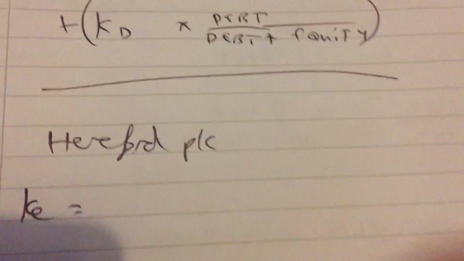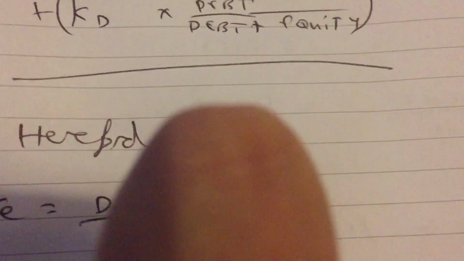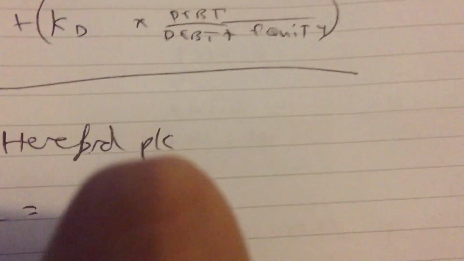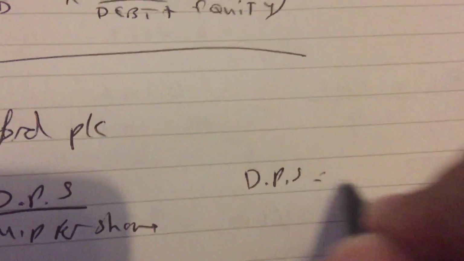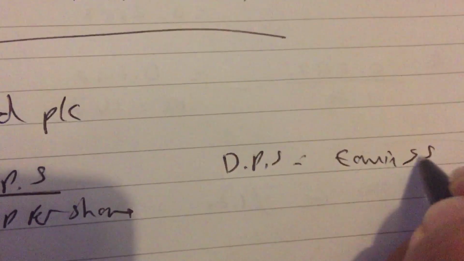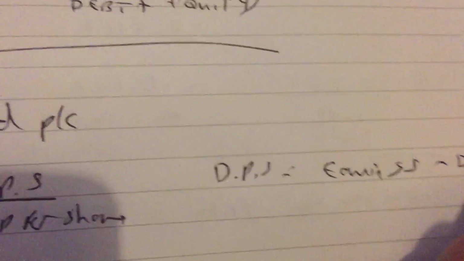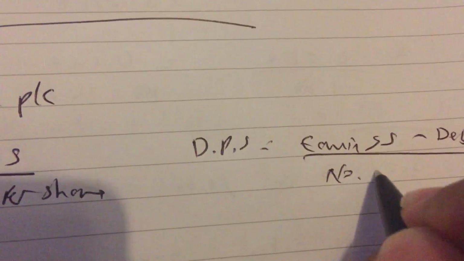So for Hereford PLC, first we want to work out the cost of equity. We know that cost of equity equals dividends per share divided by market price per share, and dividends per share equals earnings minus any debts, divided by number of shares.